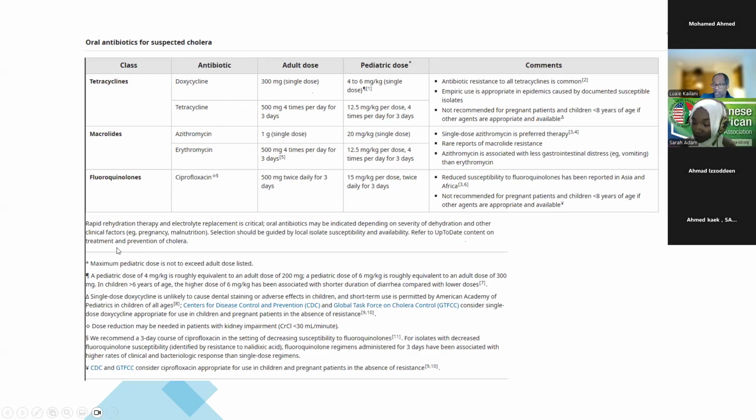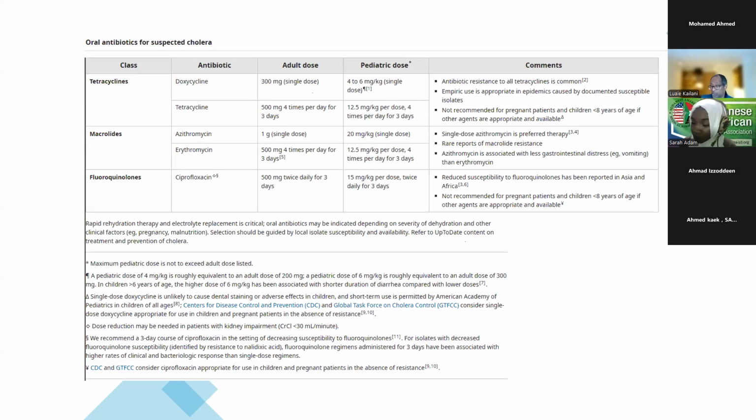Now, the antibiotic is not used for mass prophylaxis because it doesn't kill all the bacteria, but it's used mostly for severe dehydration. And there is a discussion about moderate dehydration, especially in children. Now, we were taught that doxycycline, Cipro, and azithromycin, these drugs you don't give to the pediatric group, but especially with ciprofloxacin, things are changing, and even with azithromycin and doxycycline.